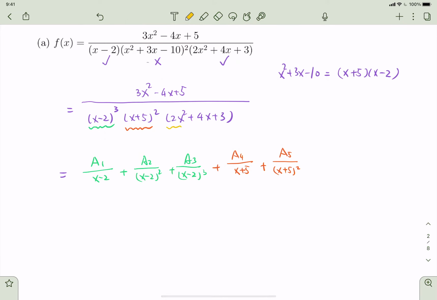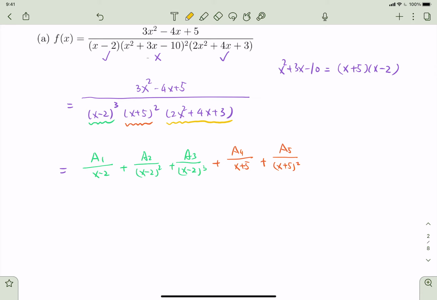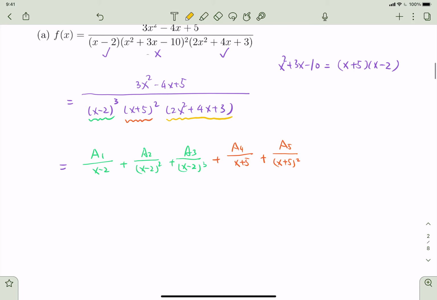And for the third term here, this irreducible polynomial is of degree 2. So we're gonna have a degree 1 polynomial, a6x plus a7, in our numerator, and underneath that is this one.